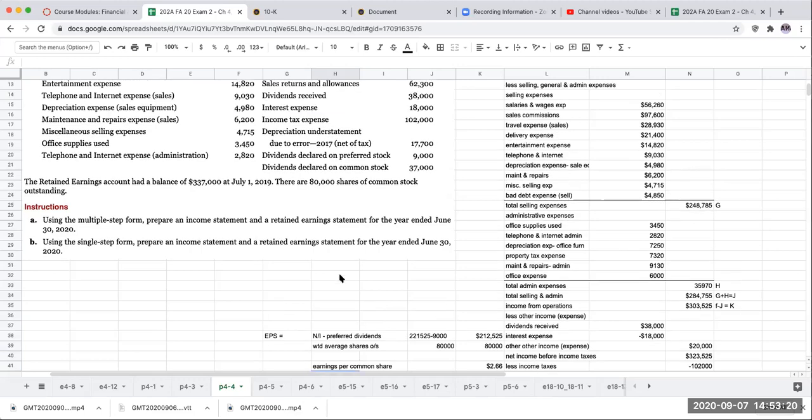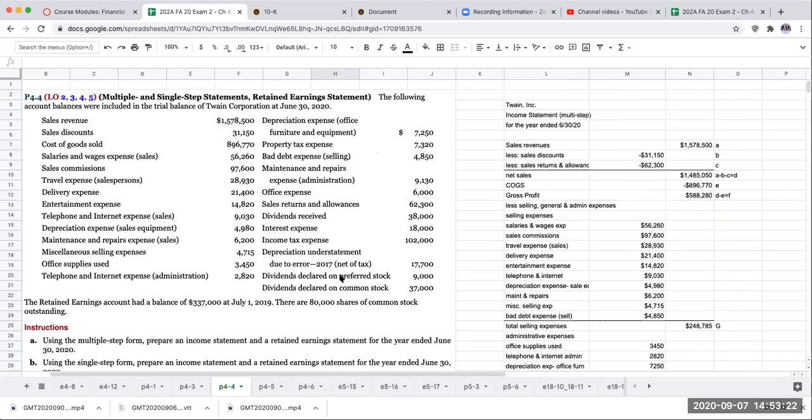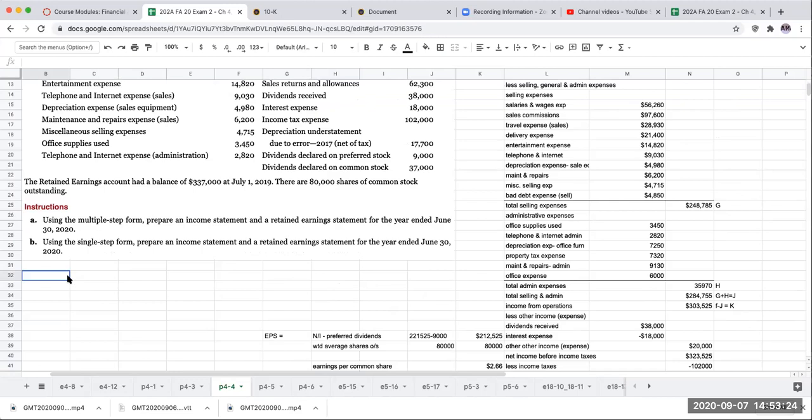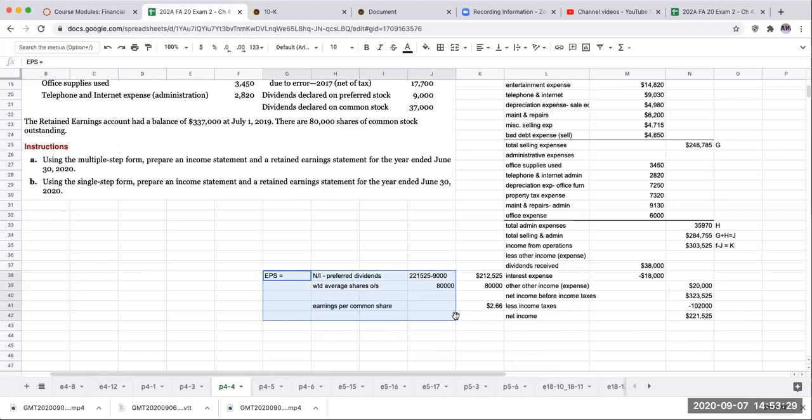Now let's take a look at our statement of retained earnings. For our statement of retained earnings, we would do the same thing. We would create a header. Just going to move things around a little bit here.